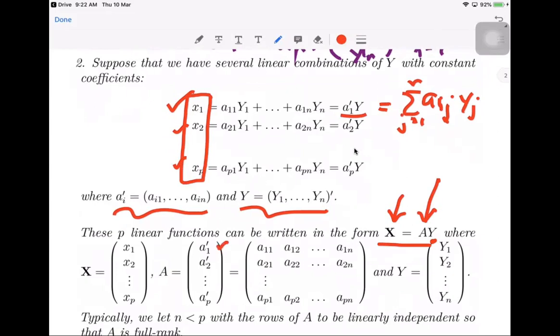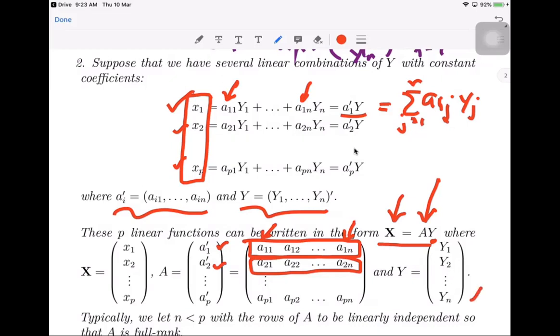Your a i's here can be written in this manner. These row vectors, a1 prime, are row vectors of this form, and this one is a row vector of this form, to cater these coefficients here. And so on and so forth, and you have your random vector y.